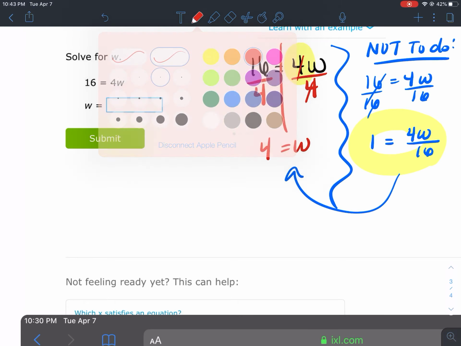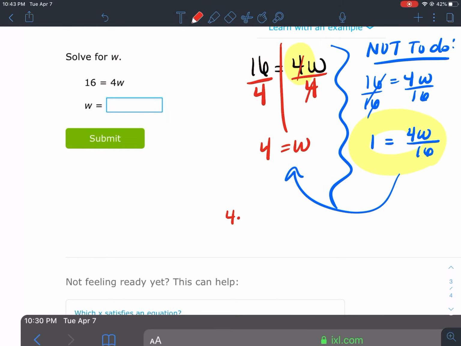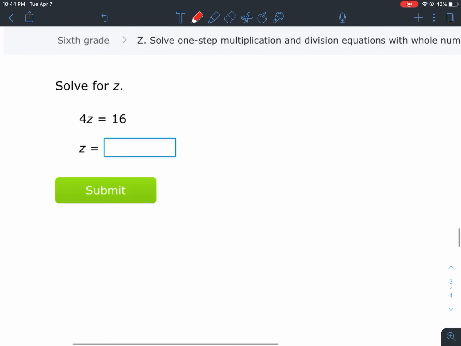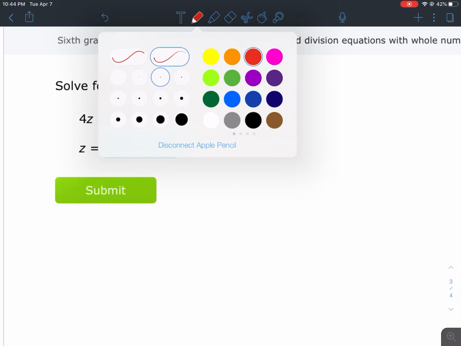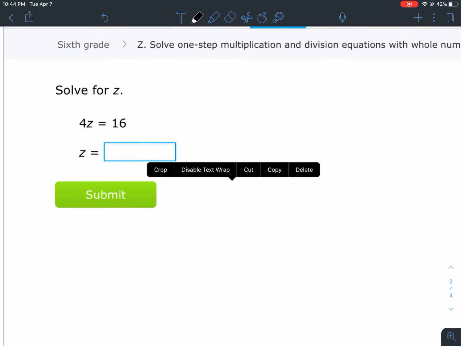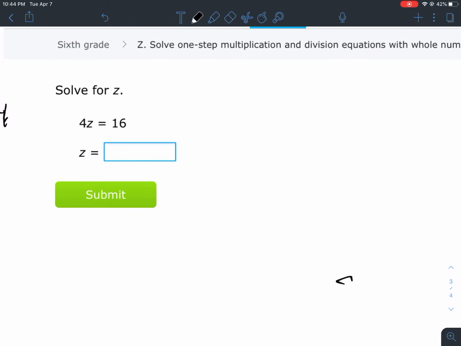Now, back to this one. Double check. Is it true that 4 times 4 equals 16? Yep, that's true. So in here, you would type in 16. Okay, I go to the next one. Now notice it's the same problem. It is the same problem, and yes, I did that on purpose. So you have 4z equals 16.